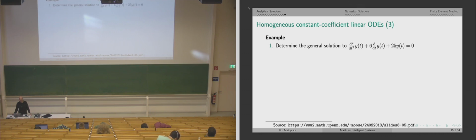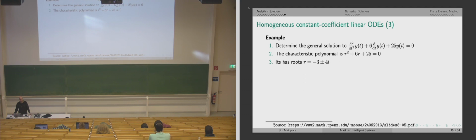So we have the following homogeneous constant coefficient linear ODE. It has coefficients 1, 6, 25. That makes up the characteristic polynomial, so r squared plus 6r plus 25 is equal to 0. Then we calculate the roots.